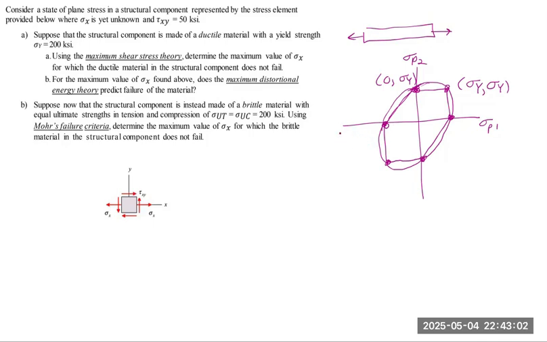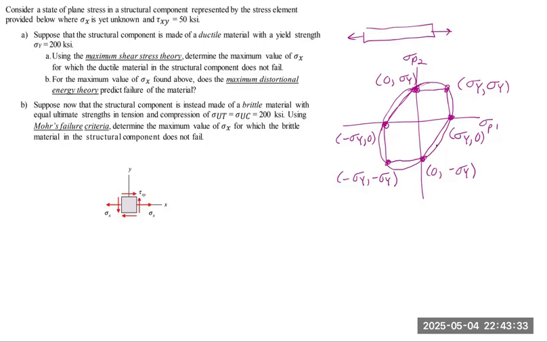And over here we have negative yield stress, 0. And over here we have negative yield stress, negative yield stress. Over here we have 0, negative yield stress. And over here finally we have yield stress, 0.